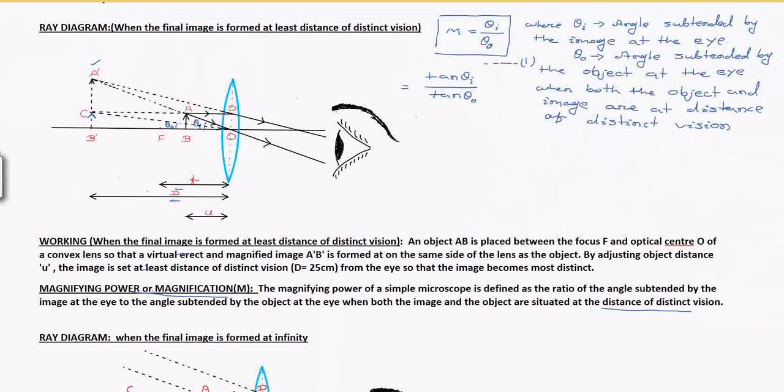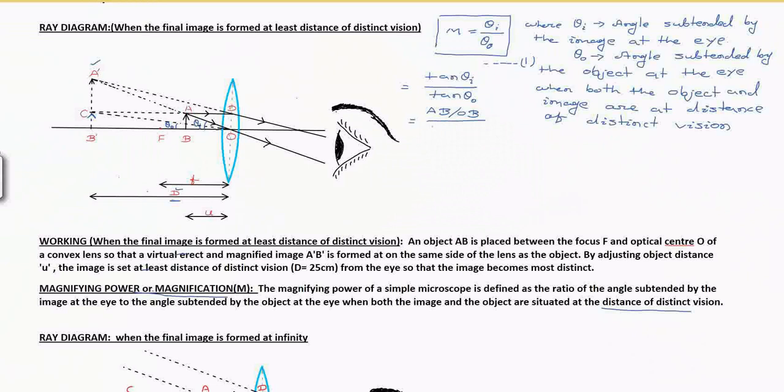This is equal to, in this diagram, tan theta I. See, in this triangle OBA, tan theta I is equal to AB divided by OB.